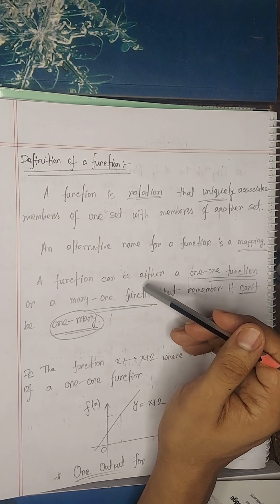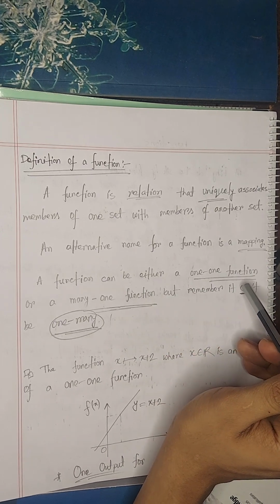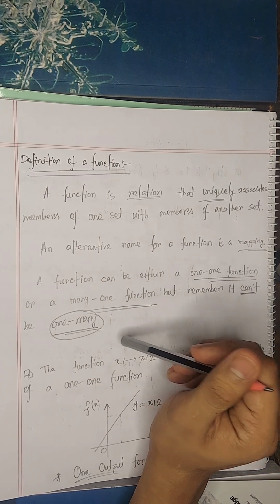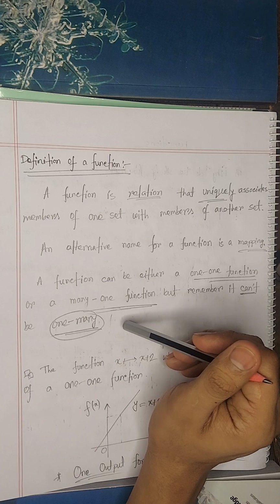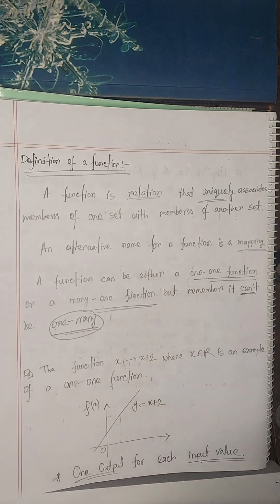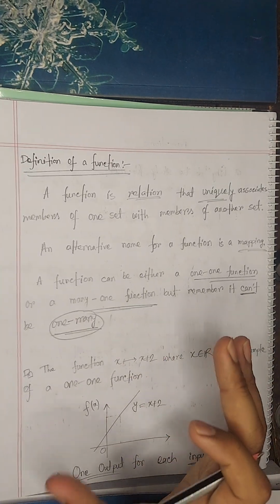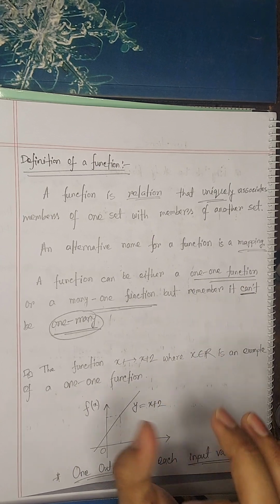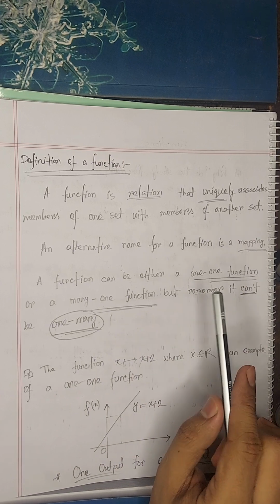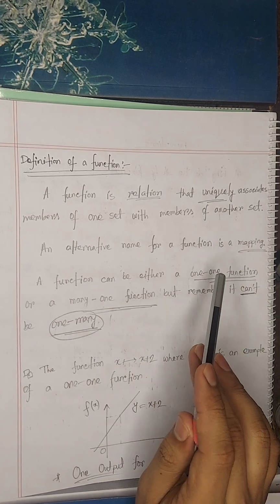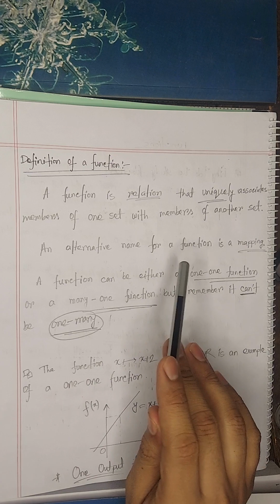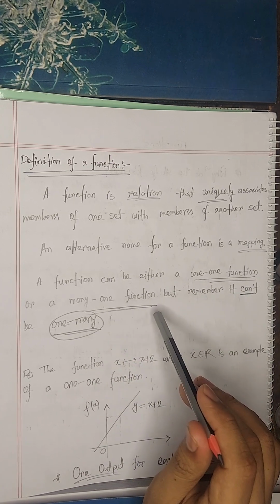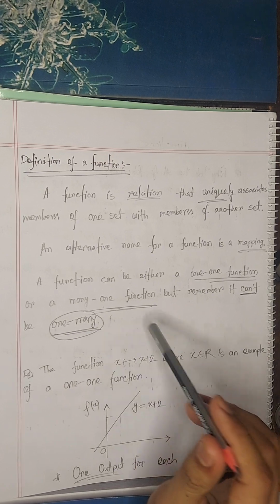A function can be either a one-one function or a many-one function, but remember it can't be a one-many relation. A function is a kind of relation, where we get an output from an input. If it is a relation between two sets, then it can be a one-one relation or a many-one relation, but it can't be a one-to-many relation.